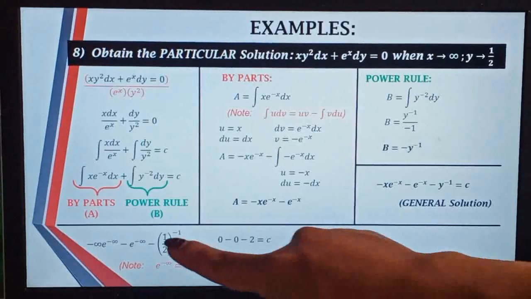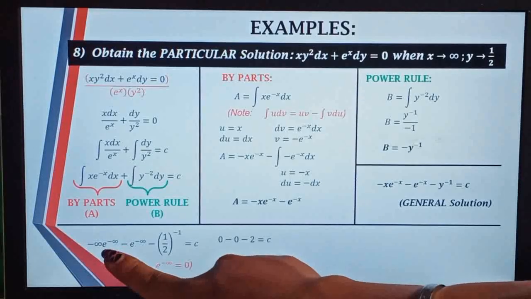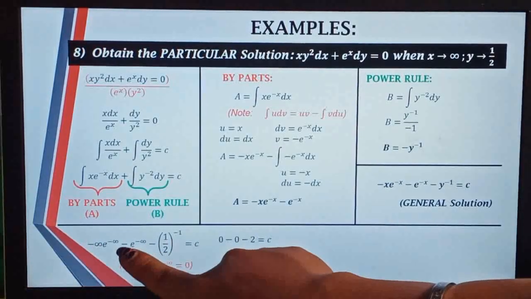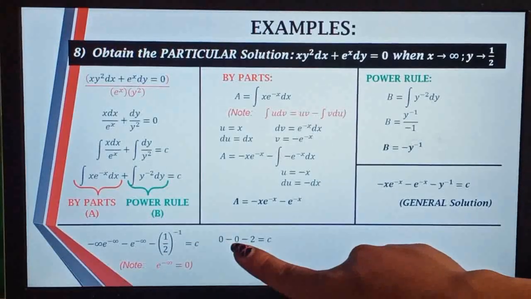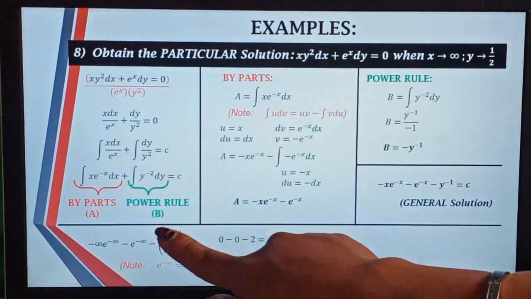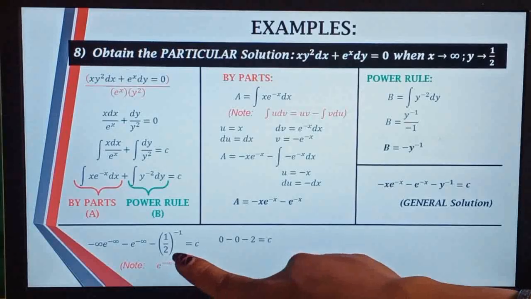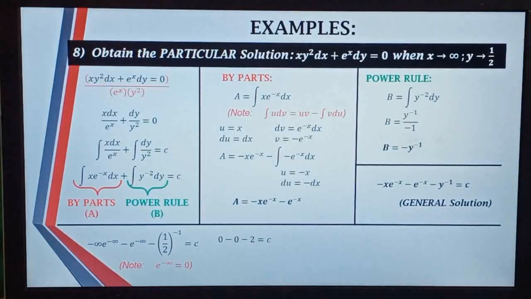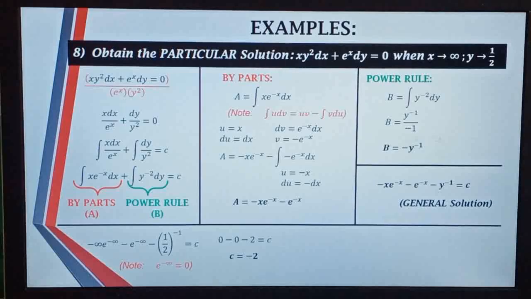So ito, 0 multiplied to negative infinity, that is 0. Then minus e raised to negative infinity, which is 0. Then 1/2 raised to negative 1, or the reciprocal of 1/2, is 2. Then that is equivalent to c. So the value of c is negative 2.